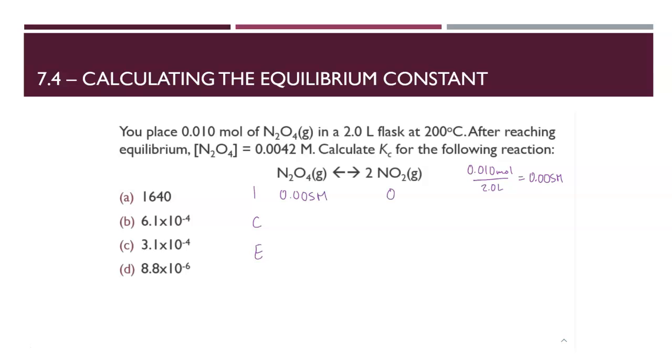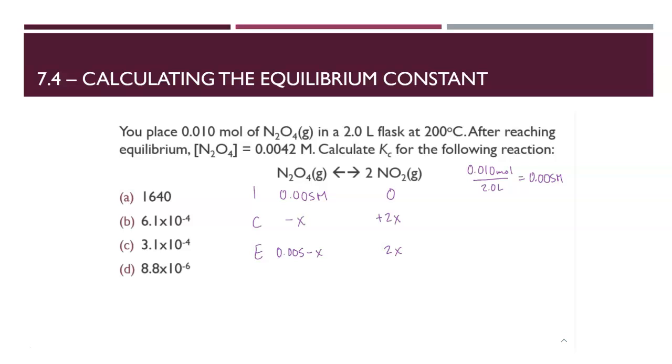We don't have any product to begin with, so that's 0. Our change, our reactant is going to go down by X. Our product is going to go up by 2X because it has a coefficient of 2. So then at equilibrium, our concentration of N2O4 is going to be 0.005 minus X. And our concentration of NO2 is going to be 2X.